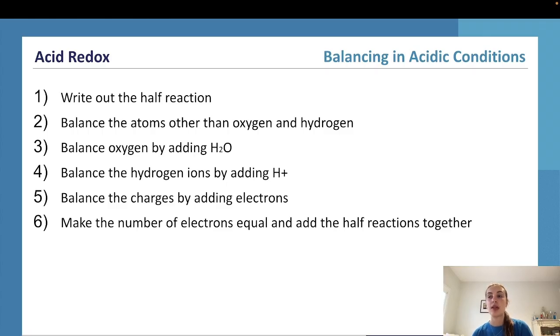So that's that process where you get all of the reactants, put them on one side, and then take all of the products and put them on the other side.